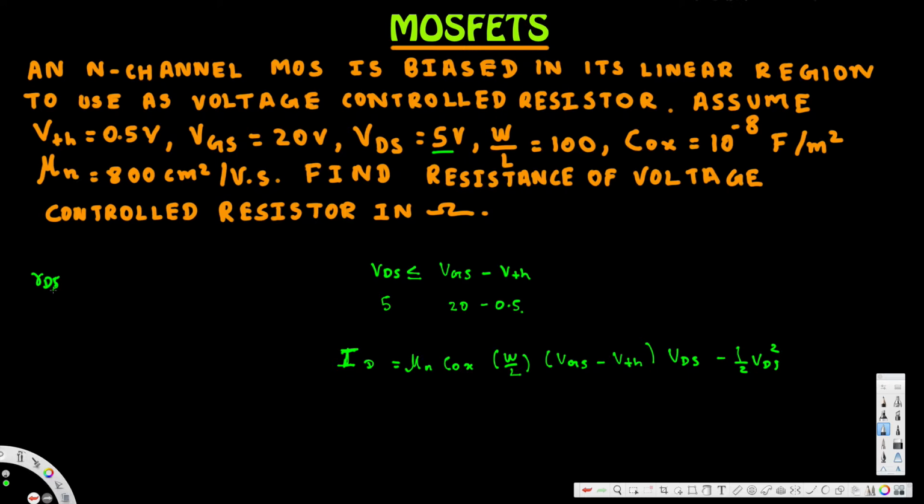Okay, now here the question is asking for the drain resistance. This can be calculated using the VDS over ID formula, and we know the equation for ID, so all we have to do is just plug it in and see what we get.